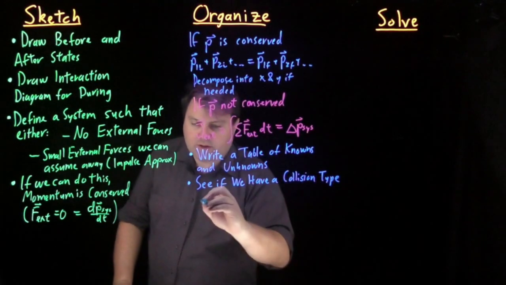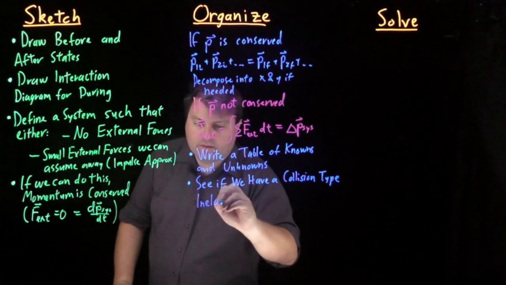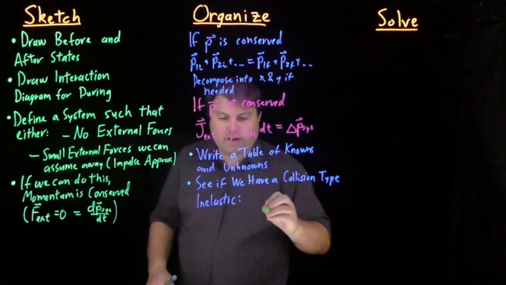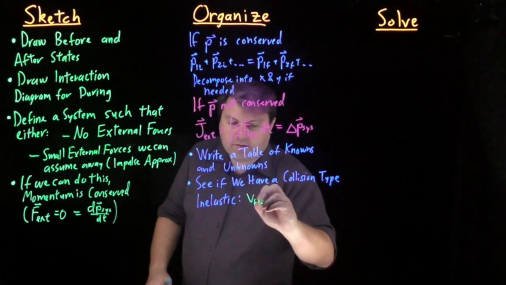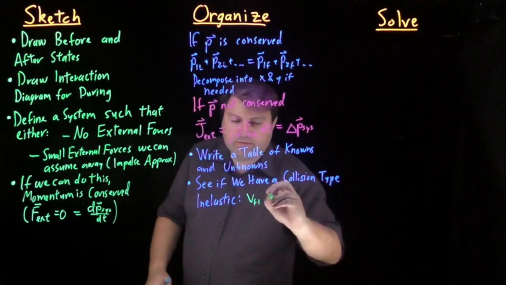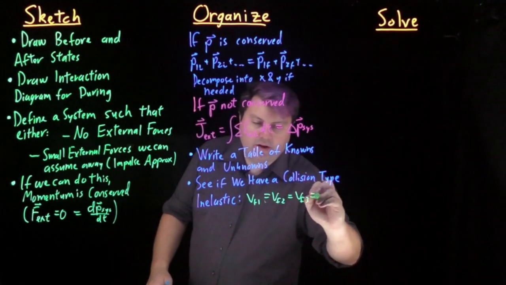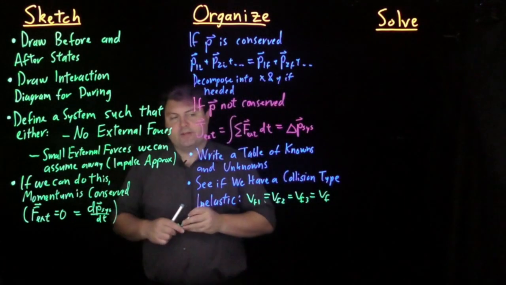So our collision types are inelastic. If we're inelastic, we are saying that the final velocity of 1 is equal to the final velocity of 2 is equal to the final velocity of 3 is equal to some final velocity.